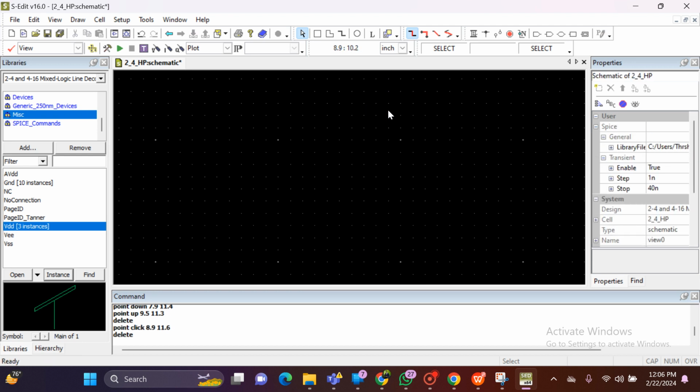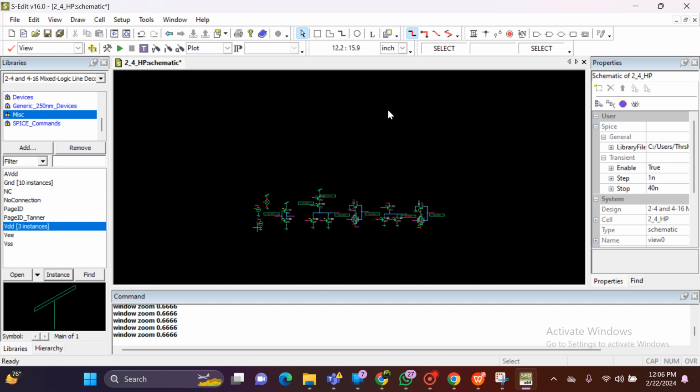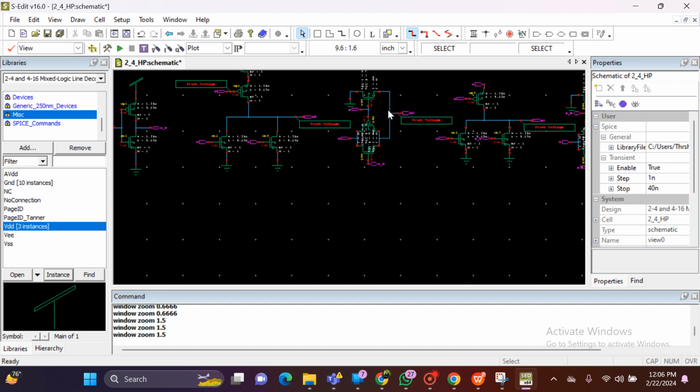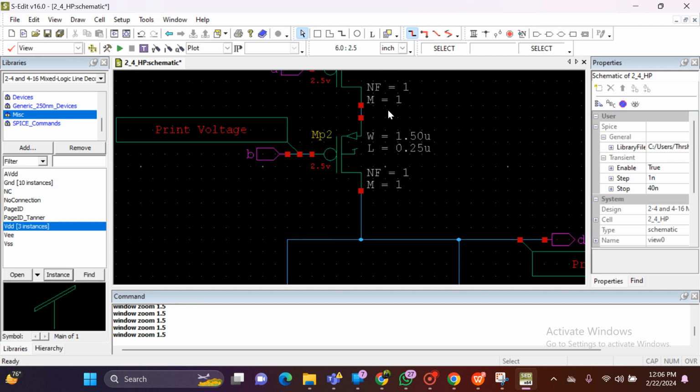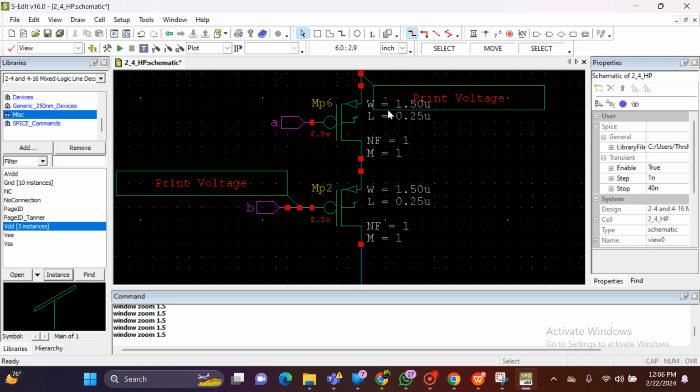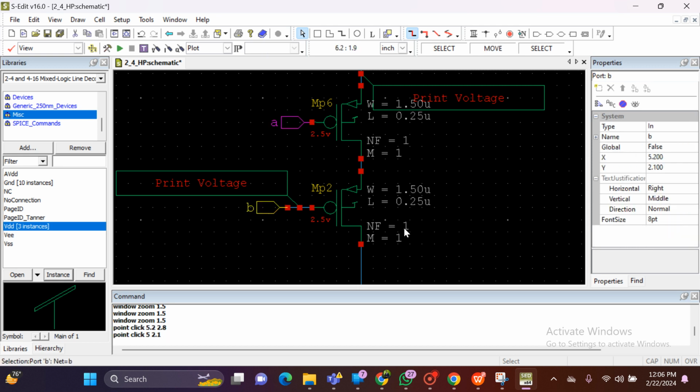So now, here is our circuit. See, this is an input, this is an input.